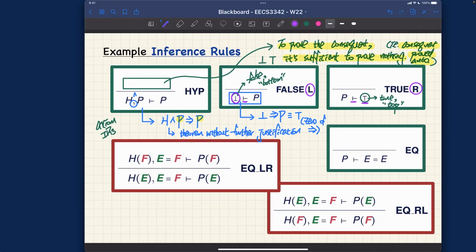And how do we interpret this rule as a theorem? As usual, we're going to interpret the turnstile as implication for a sequent. And for this one here, it's going to be P implies true, which is equivalent, also by the zero of implication, to just true always, right? So this is also the zero of implication.